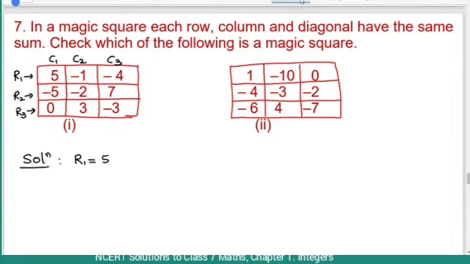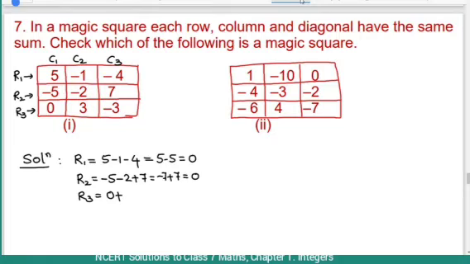Row 1 is equal to 5 minus 1 minus 4, that is 5 minus 5 is equal to 0, and row 2 is equal to minus 5 minus 2 plus 7, equal to minus 7 plus 7, that is also 0. Row 3, 0 plus 3 minus 3, so this is also equal to 0.